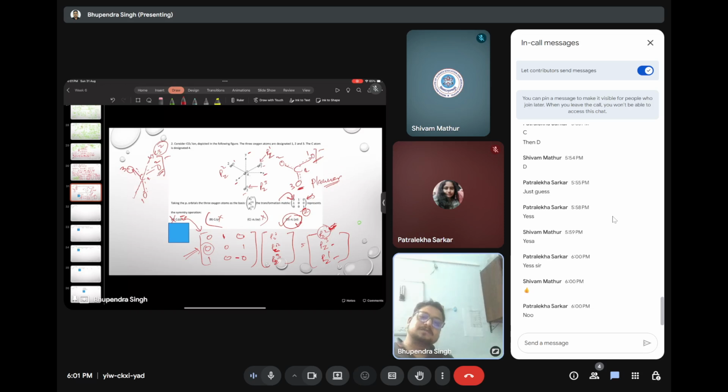So let's do the operation and try to find the new basis in Cartesian. What will happen? 0, 1, 0, because you know the transformation matrix: 0, 1, 0, 1, 0, 0, 0, 0, 1.